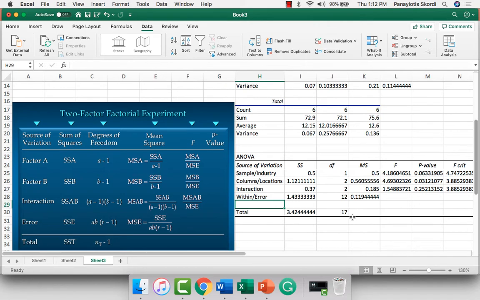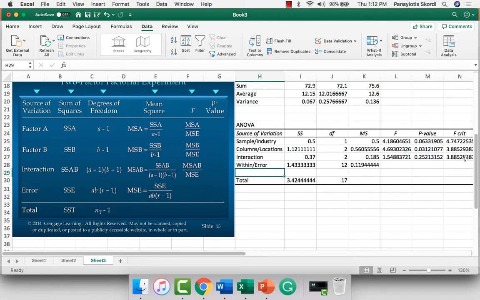And we can just start getting our results from here. And now, incidentally, to work out F critical, you still use exactly the same method we did before. It's going to be F.INV.RT. You can put alpha as 0.05, and the two sets of degrees of freedom are whatever you use to get your F test statistic.